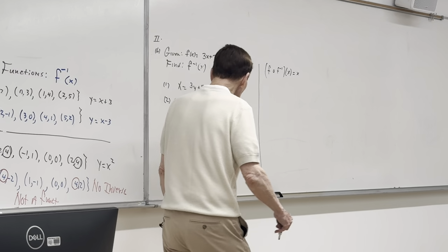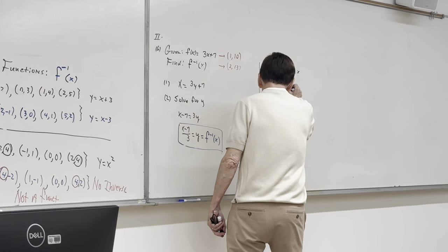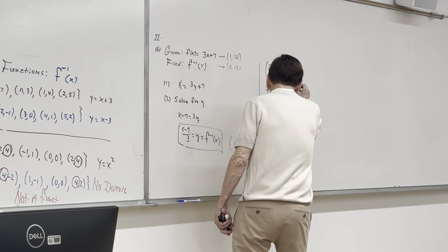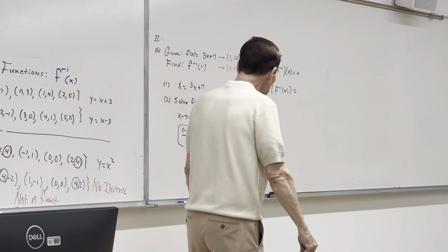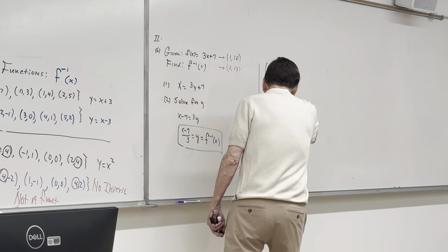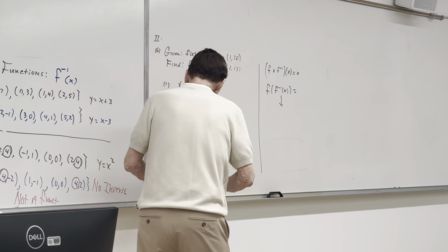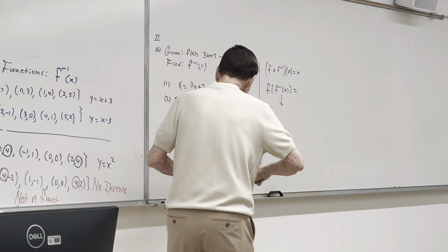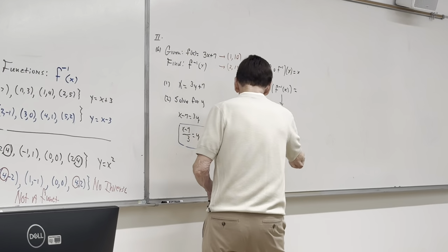Guys, let's take f of, this is a composite, f of this. Let's do all our work on the left there. From all the work we did tonight, we think the inverse is this, x subtract 7 over 3.